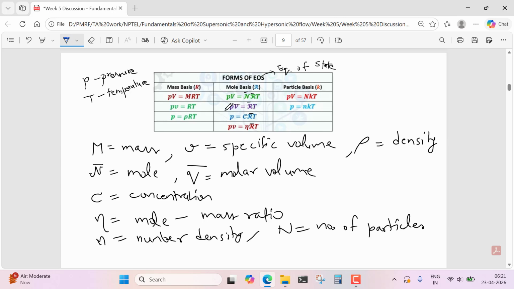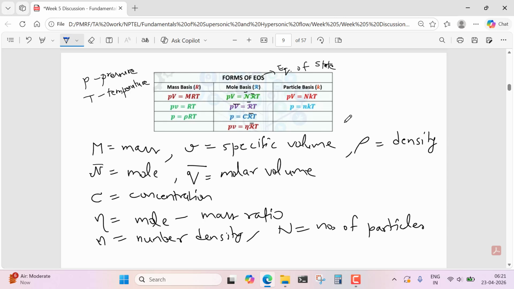Based on that, some of the equations are written on a particle basis, which will have k. All these kinds of equations will have k, the Boltzmann constant. Some are written based on mass, which will have a specific gas constant, and some are written based on mole, which have the universal gas constant.